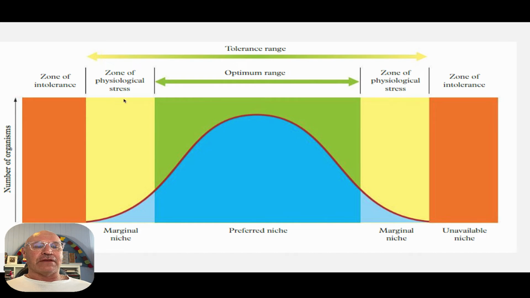Outside of that, there are some hardier individuals in the population that can tolerate living outside those optimal conditions, but they might be smaller, or there's less of a population of them because they are undergoing physiological stress, because the abiotic and biotic factors are not as optimal. Outside of that, they're not able to occupy it because they don't have the adaptations to be able to tolerate it.